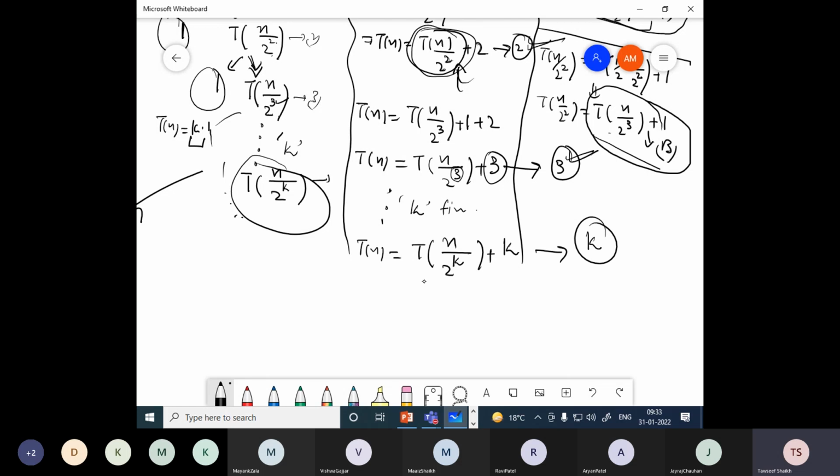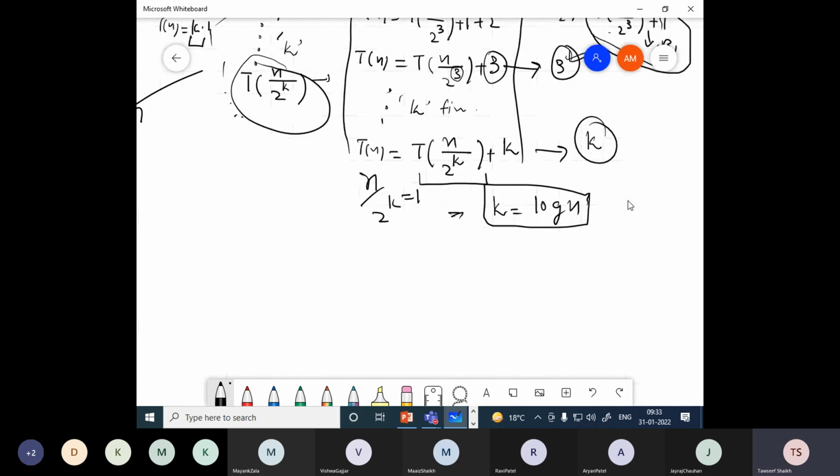Now, what I am interested in is removing the T. To remove the T means that n/2^k should be equal to 1. Then it will become T(1), which is equal to 1. So again, after taking the log on both sides, k will be log to the base 2 of n, log n in short.